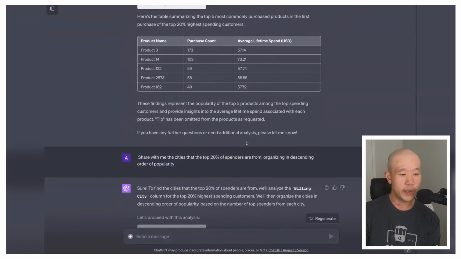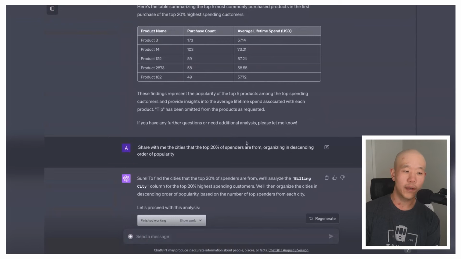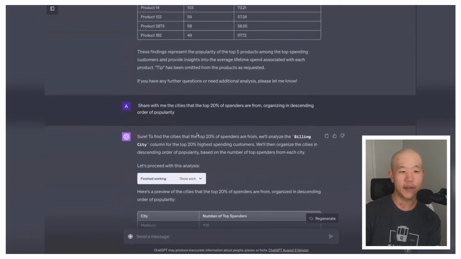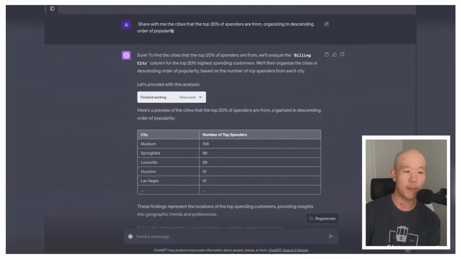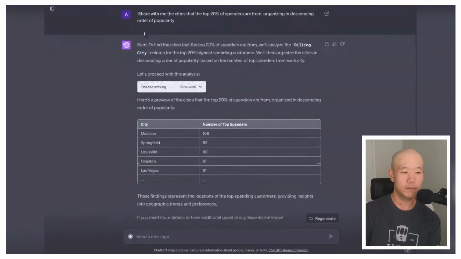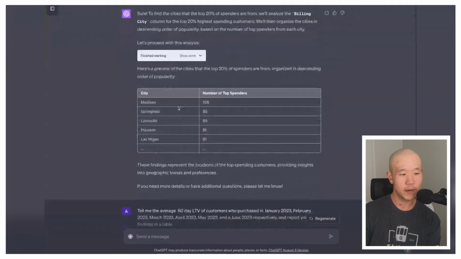Another prompt that I threw in here was: share with me the cities that the top 20% of spenders are from, organizing in descending order of popularity. So we got a bunch from Madison, some from Springfield, some from Louisville, right?